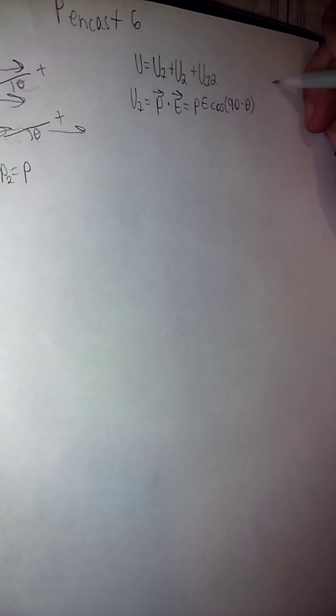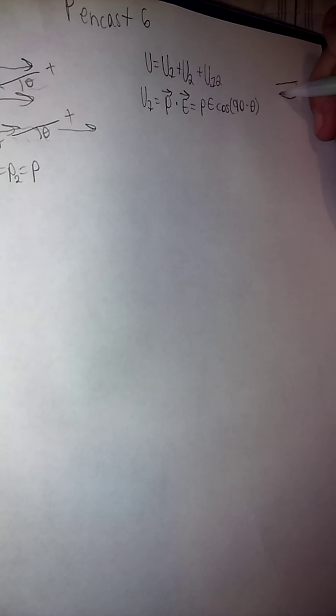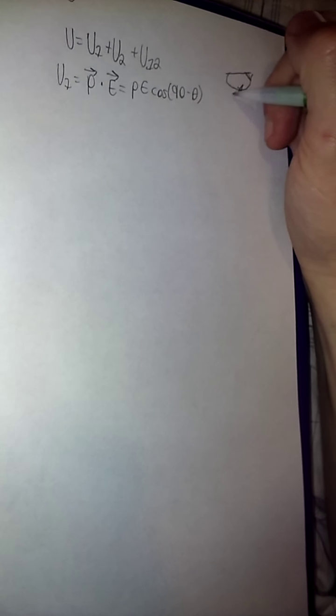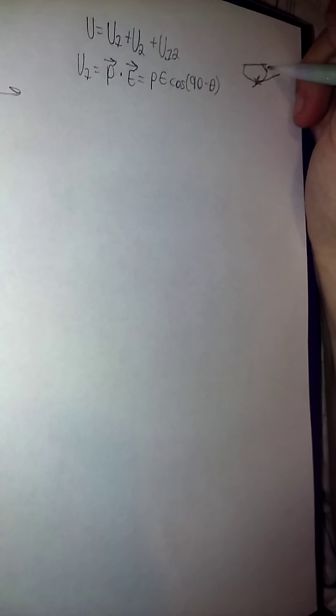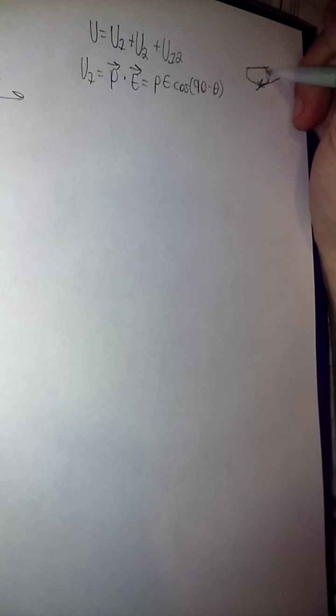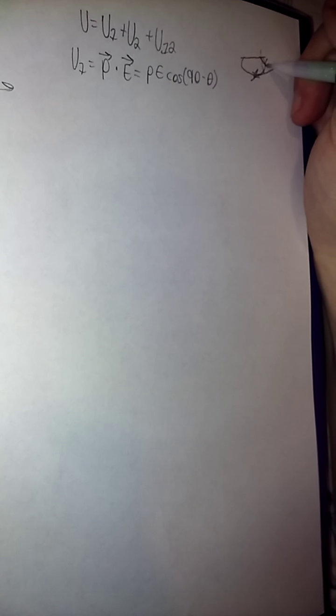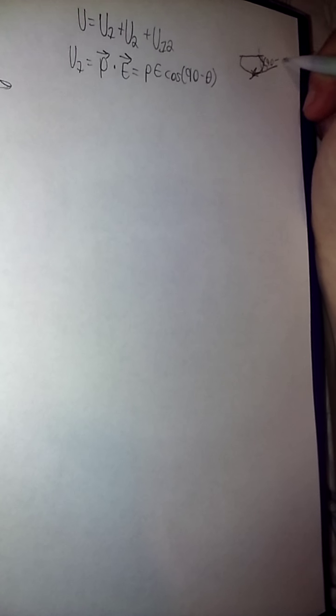U1 can be written as the dipole moment dotted with the electric field, which is going to be PE cosine of 90 minus theta. It's going to be 90 minus theta because if we look at the dipole coming out of it, and then the electric field lines, we get the 90 minus theta part.